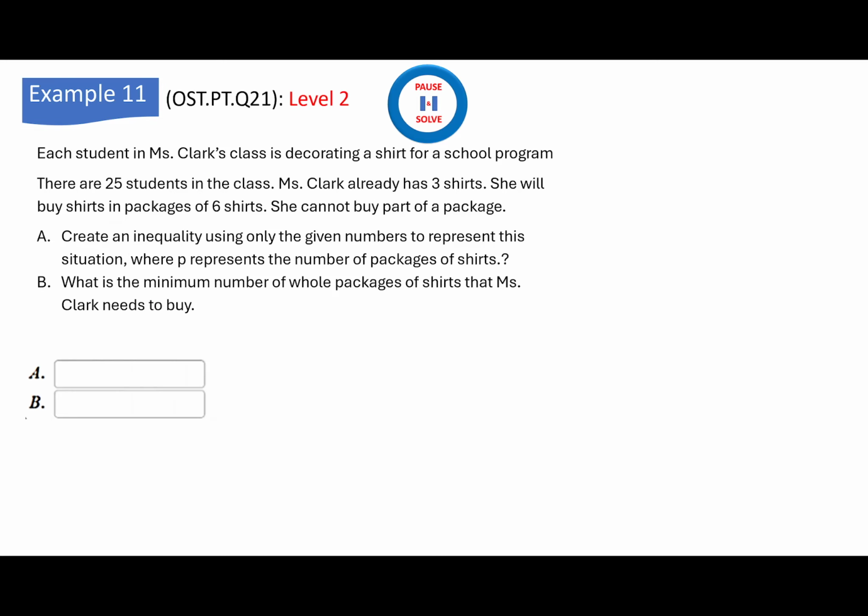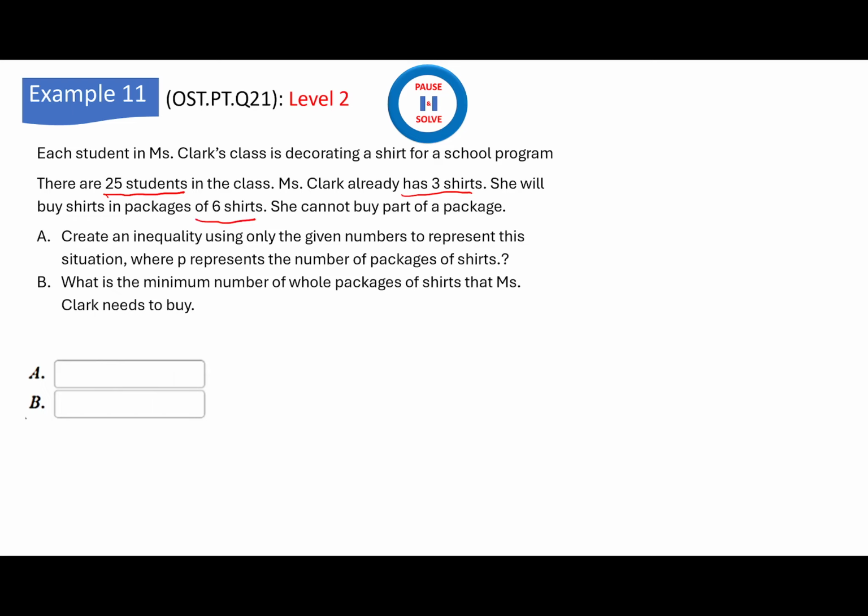Example 11. Each student in Miss Clark's class is decorating a shirt for a school program. There are 25 students, okay? Miss Clark already has 3. That's a fixed amount already there. She will buy shirts in packages of 6 shirts. She cannot buy part of a package.